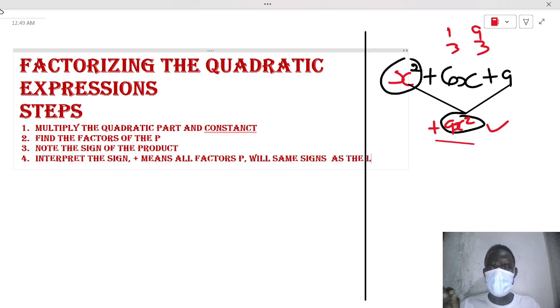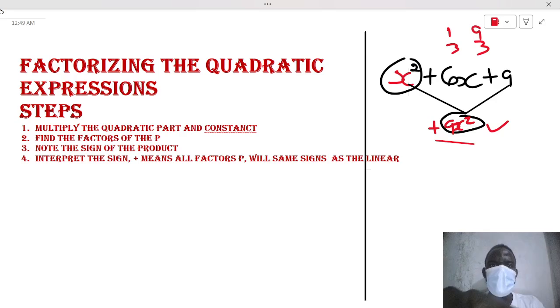Remember I said the linear part is the part in the middle of the expression. So our expression is x squared plus 6x plus 9.